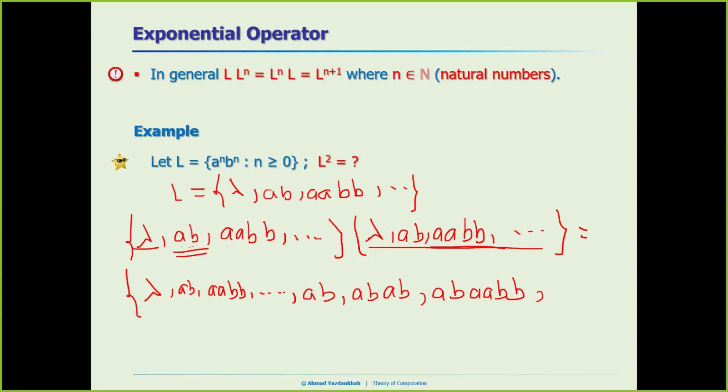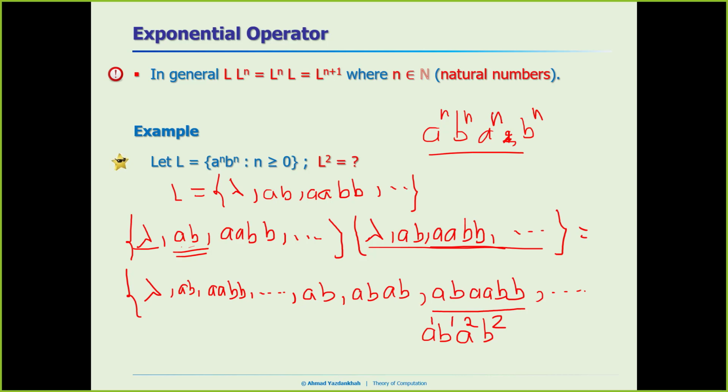I wanted to say up to this point that a to the n, b to the n, a to the n, b to the n, I'm sorry, is not correct. This is not a good pattern because we have something like AB, A square, B square. So these are 1, these are 2.